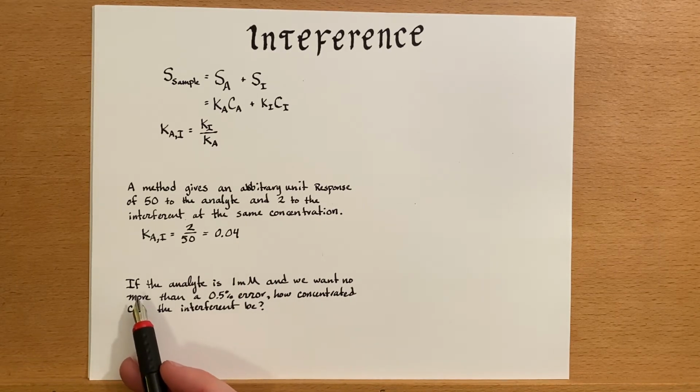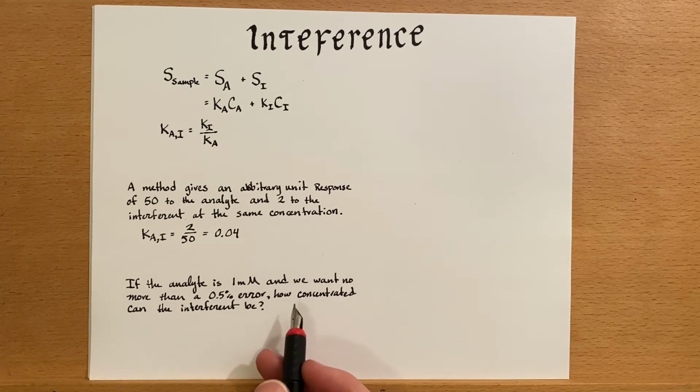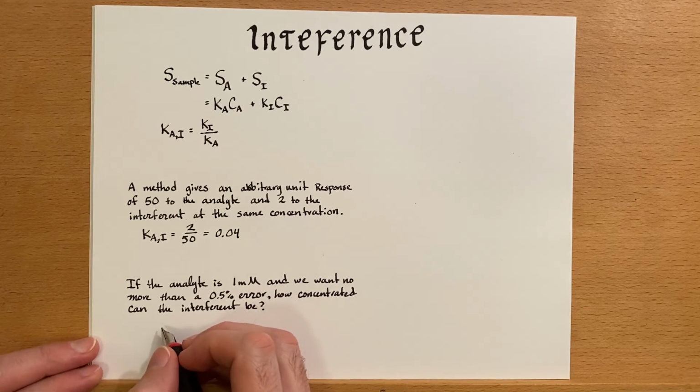Now, if we come down here to our second question, that is, if the analyte concentration is 1 millimolar, and we want no more than 0.5% error from an interferent, how concentrated can the interferent be? Well, we'll just set up a little calculation here.